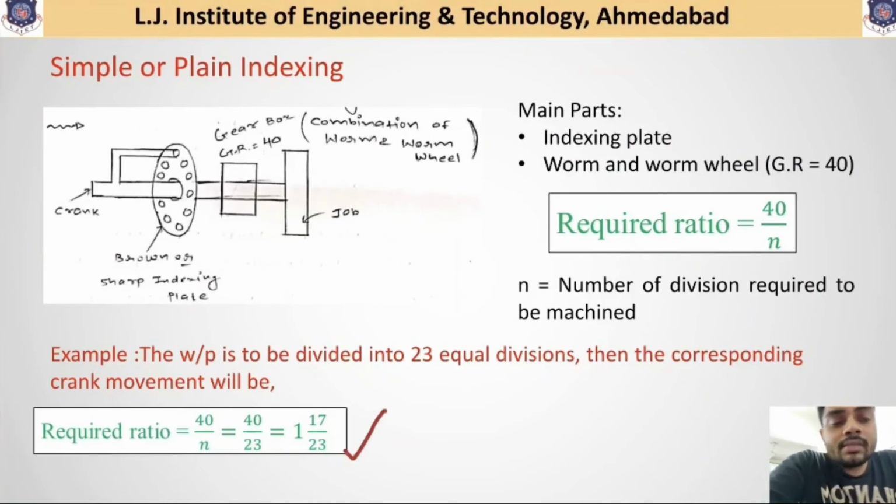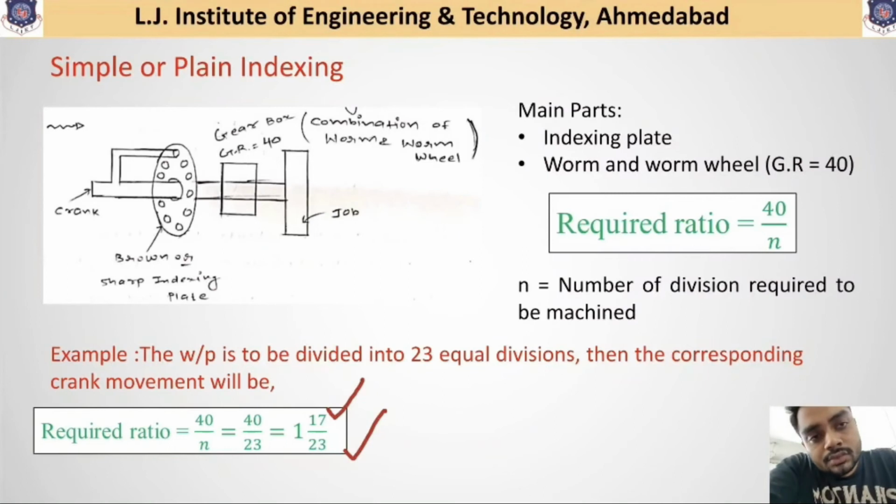This denominator value 23 will give the detail of the number of holes available on the indexing plate. This numerator value, that is 17, will give you the detail about how many holes need to be rotated on the indexing plate using the crank.